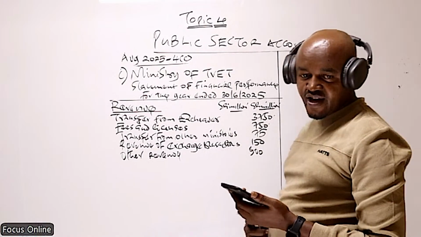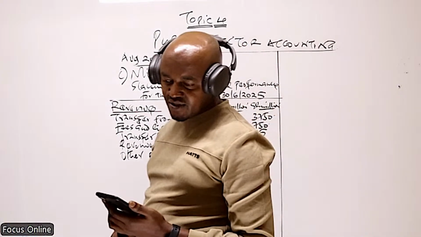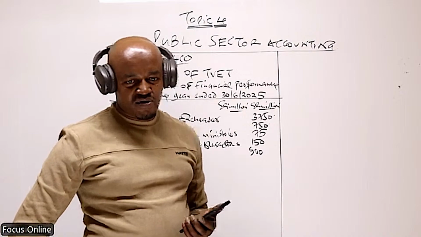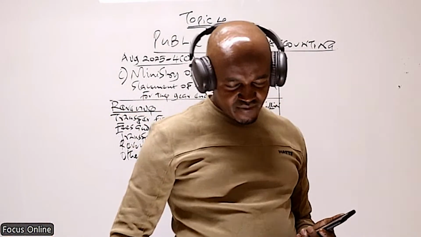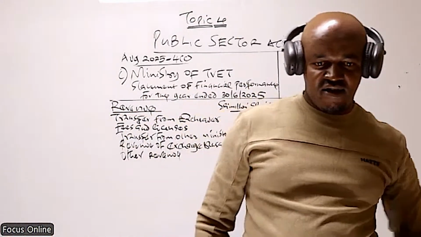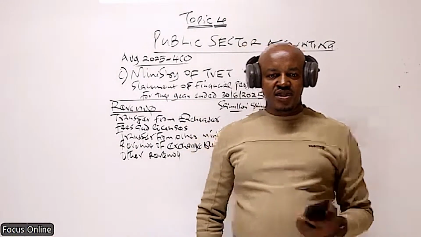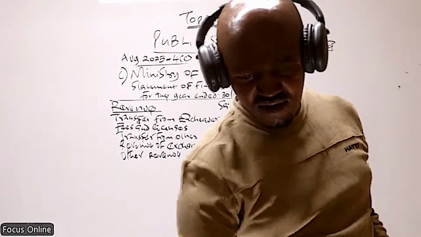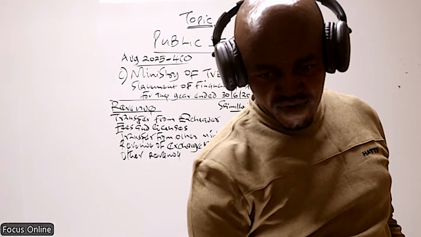Then from there we have payables. What is this? Who can tell us what is a payable? From this category, what we have covered, we have covered in other topics. What is the payable?